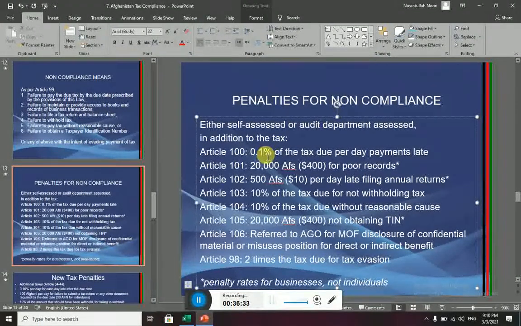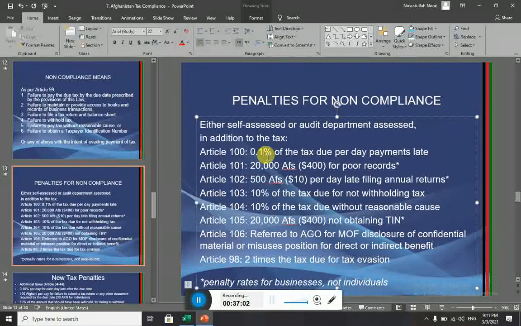For example, if you have withheld 10,000 as withholding tax, and you fail to pay within the due date, then on each day of delay, you as an entity are required to pay 0.1% or 0.05% late payment penalty per day.